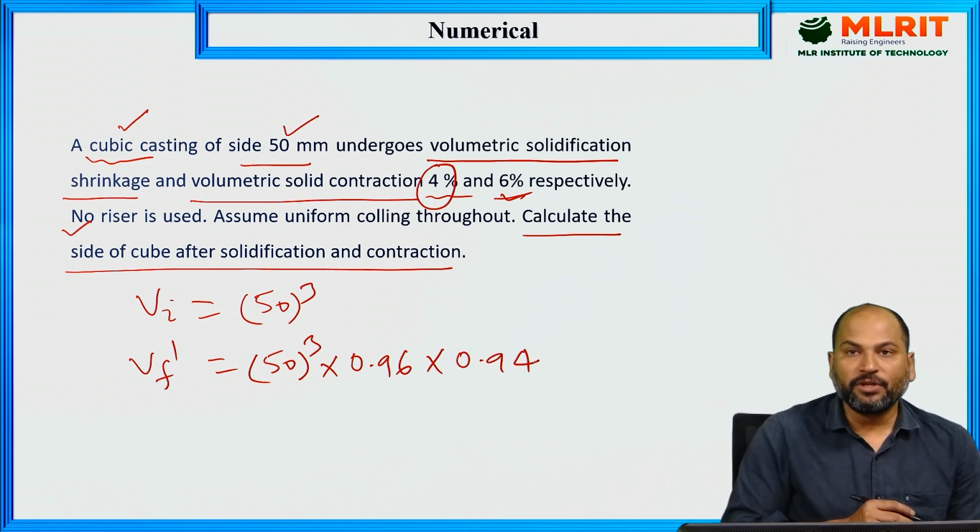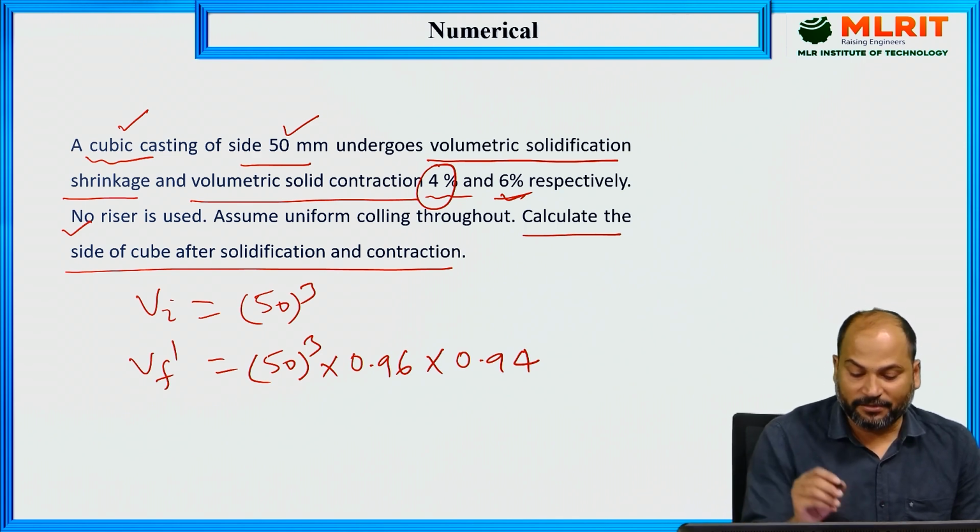Those are the two contractions in the dimension, the two shrinkages given in this numerical.